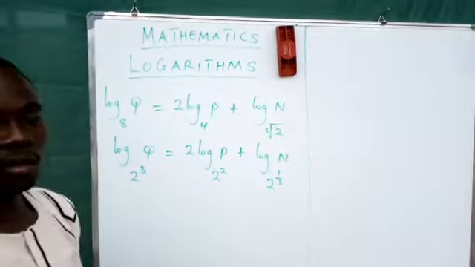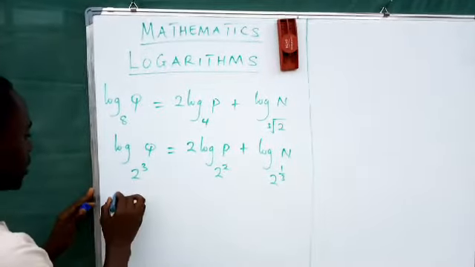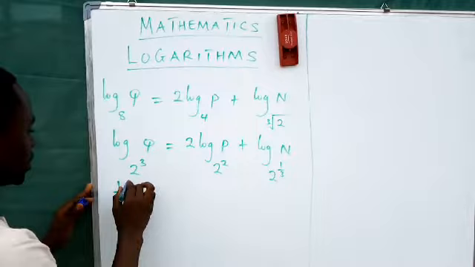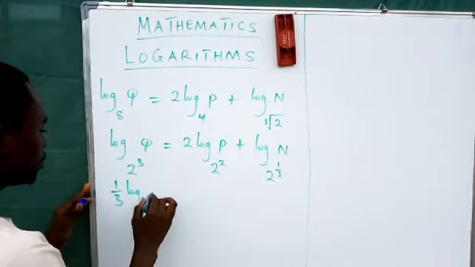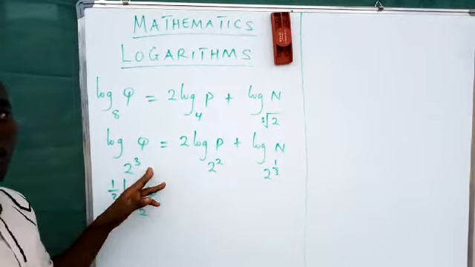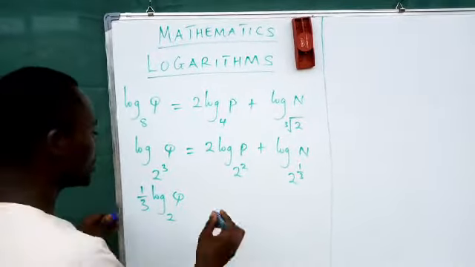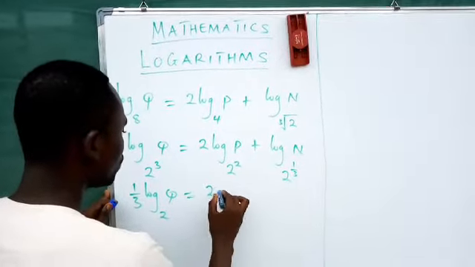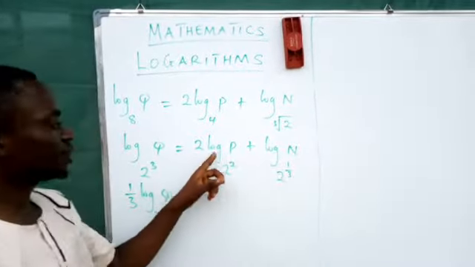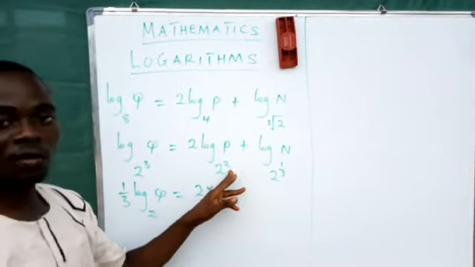So applying that base power law of logarithm, in the first term we are going to have 1 over 3 multiplied by logarithm to base 2 of q. The power of the base, which is 3, has been reciprocated to become 1 over 3 and then multiplied by the logarithm. This is equal to 2 multiplied, because the 2 is already multiplying the logarithm, and then we have to multiply by the reciprocal of the power of the base also.